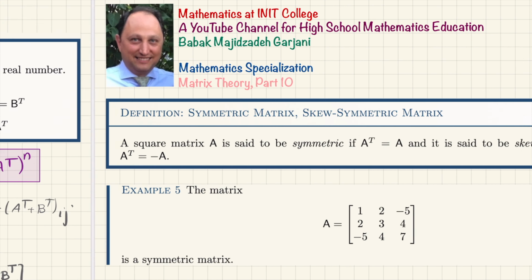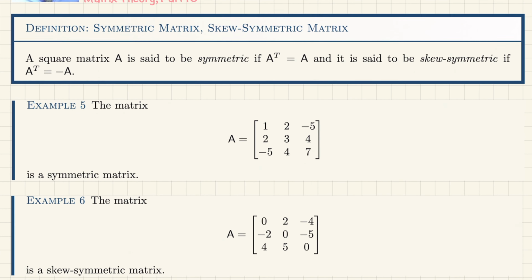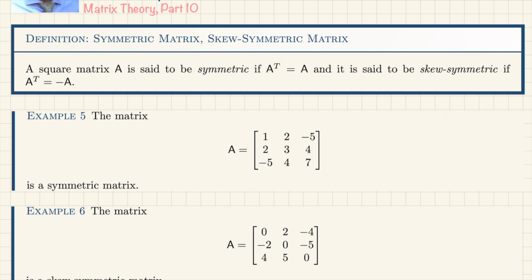So let me also continue. There are two definitions: a symmetric matrix and a skew-symmetric matrix. If you have a square matrix A, sometimes its transpose is equal to itself.